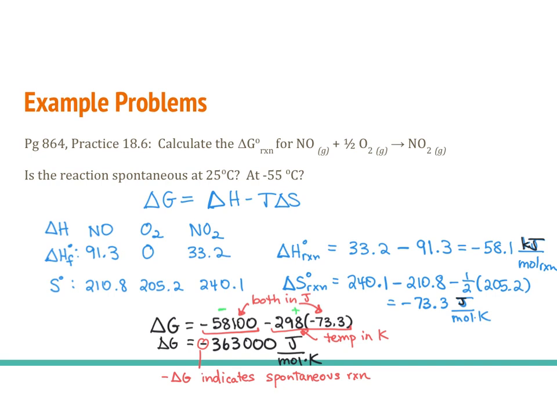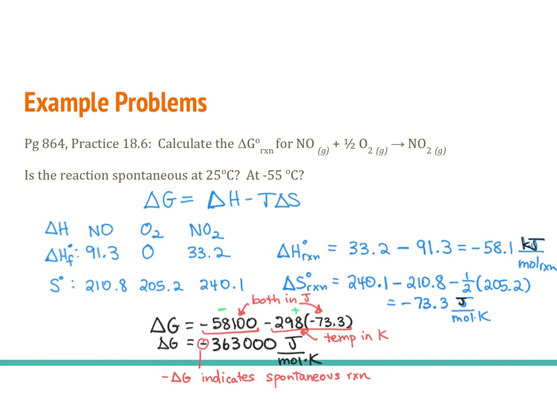So if I think about what's driving this reaction to happen, it's the fact that we have lots of extra heat available to make the universe more disordered and more entropy, the surroundings of our system. We're trying to say what part of the reaction contributes to Gibbs free energy being negative.